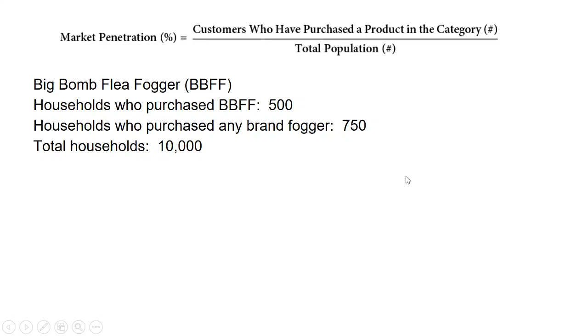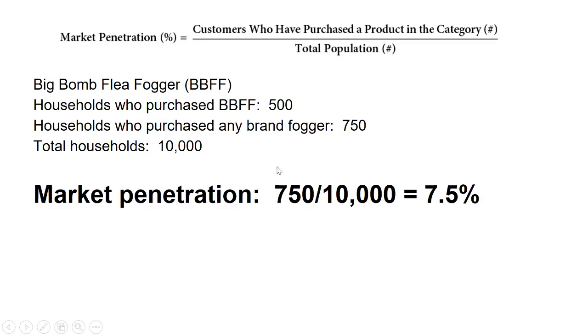We also know there were 10,000 total households. That becomes our population. So our market penetration is 750 divided by 10,000. Again, we're concerned about the number of people who bought any brand of fogger. So that's 750 out of the total number of households of 10,000.